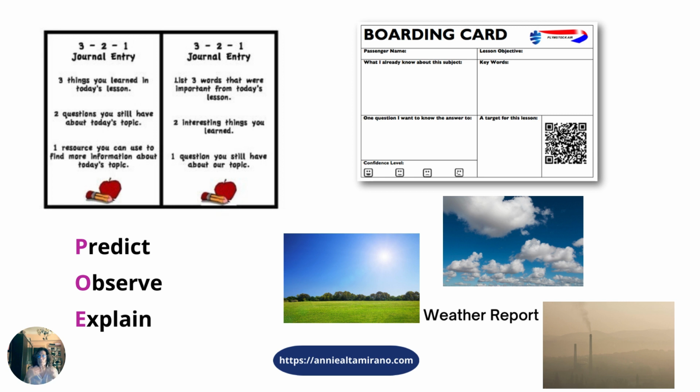For example, the weather report is similar to the windshield screen. You have a sunny day because they understood everything. You have a few high clouds when there is something, some doubts there, or you have fog and smog when they haven't understood much.